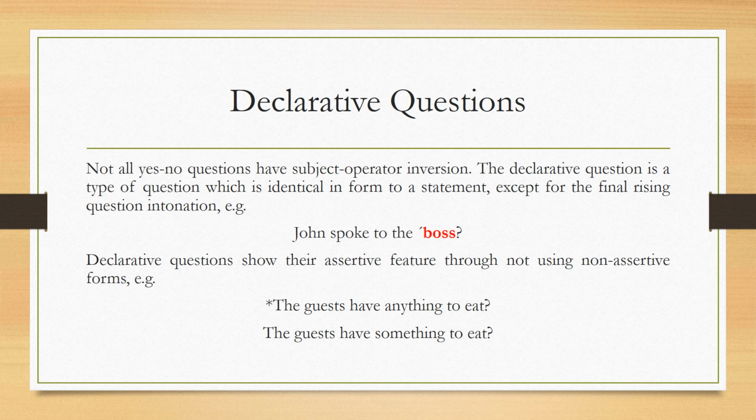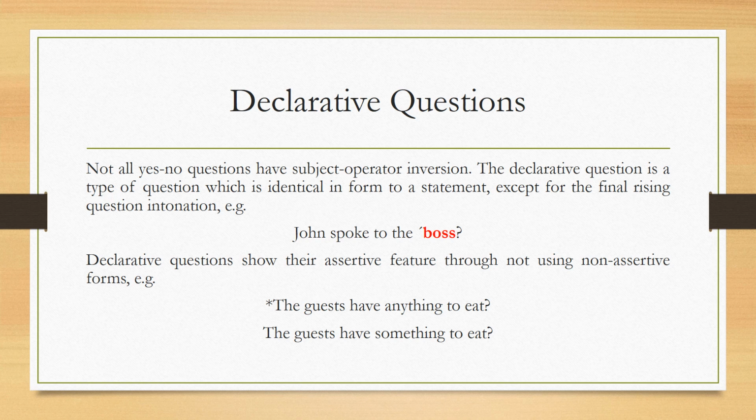So, the guests have anything to eat? This is an incorrect declarative question, because here we have used what? Anything, and anything is a non-assertive form. Although this is a question, and the tone is making it a question, we do not need non-assertive forms.